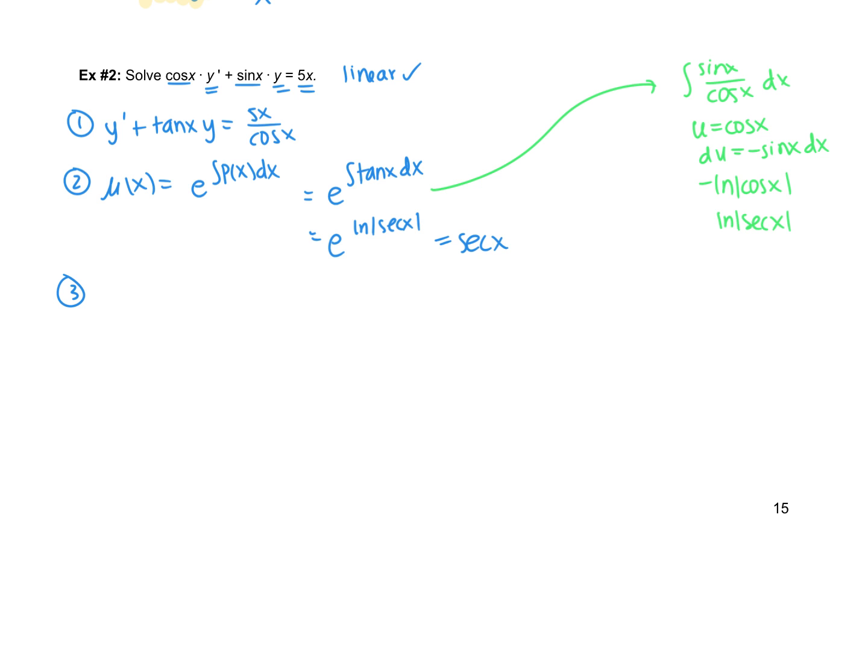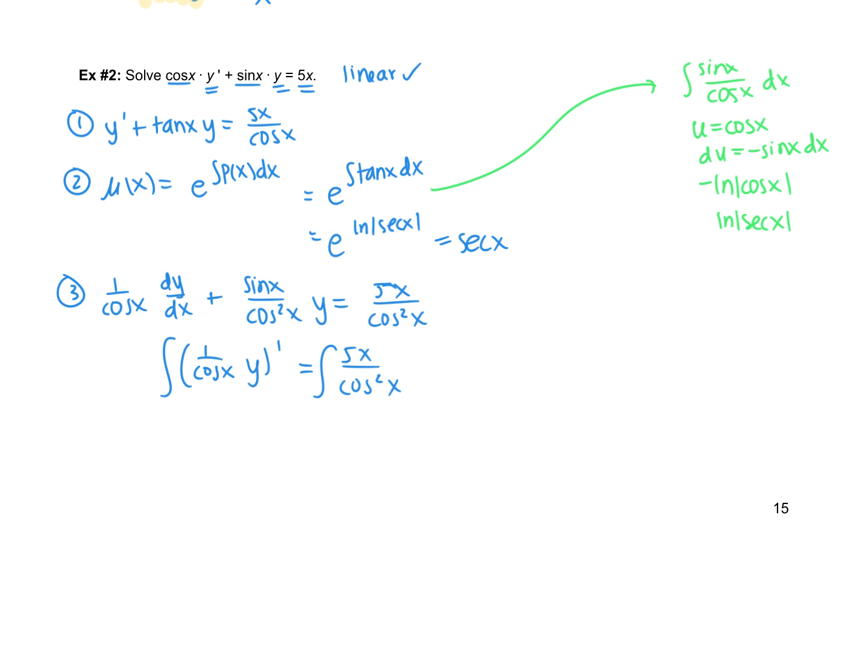Okay, so now multiplying by secant of x, we get 1 over cosine of x dy dx, plus sine of x over cosine squared of x times y is equal to 5x over cosine squared of x. Okay, on the left side, this should be the derivative of the product of 1 over cosine of x and y. And then on the right side, we're left with 5x over cosine squared of x.